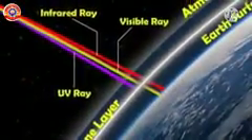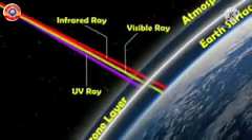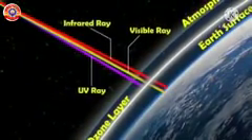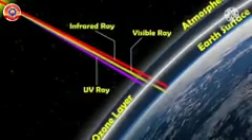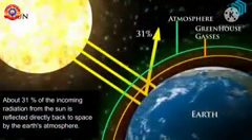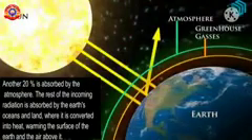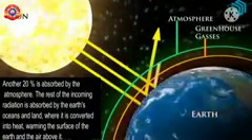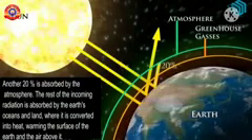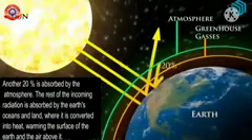As the sun rays approach the Earth's surface, the rays have to first pass through the Earth's atmosphere before reaching the surface. The ozone layer present in the atmosphere absorbs some amount of harmful ultraviolet radiations from the sun, and the remaining rays reaching the surface are absorbed by the Earth.